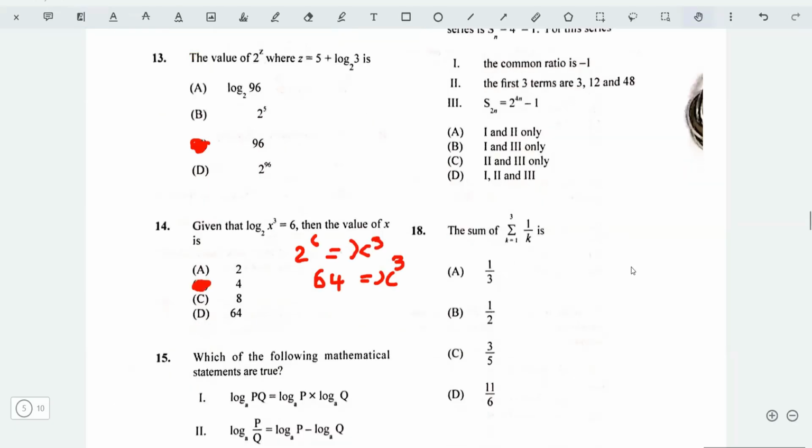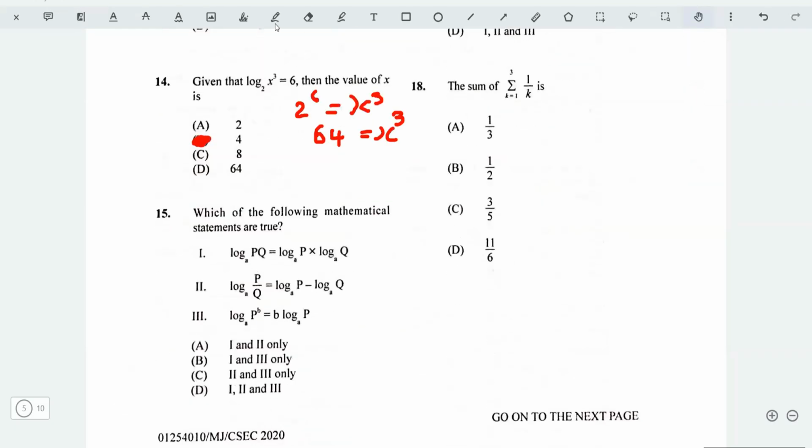All right, question 15. Let's look at which statement is true. It tells us that we have log to base a of p times q. Now we know that the log of p times q is the log of p plus the log of q. And so statement 1 is definitely not true.